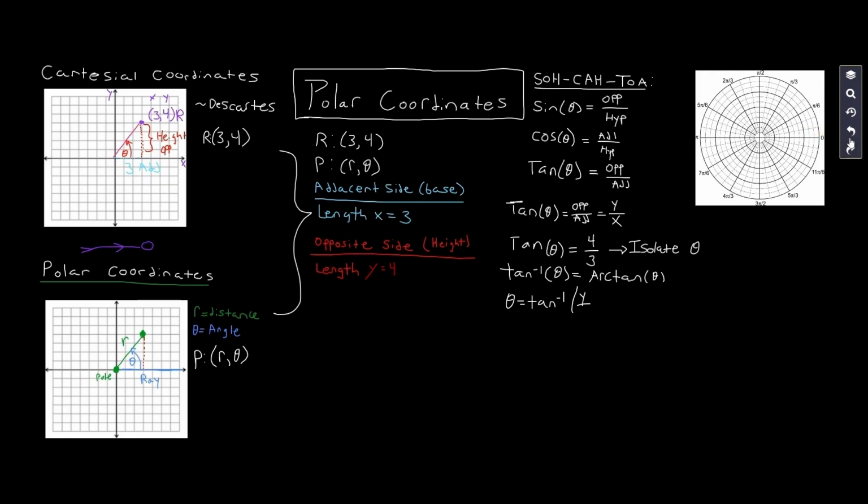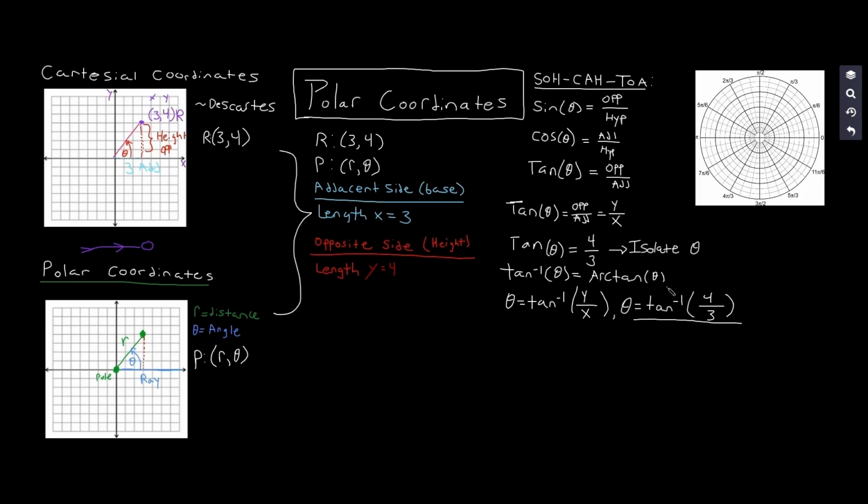Excuse me, that looks terrible. Y over x. And since y is equal to 4 and x is equal to 3, we now know what theta is. Theta is equal to arctangent, inverse tangent of 4 over 3.